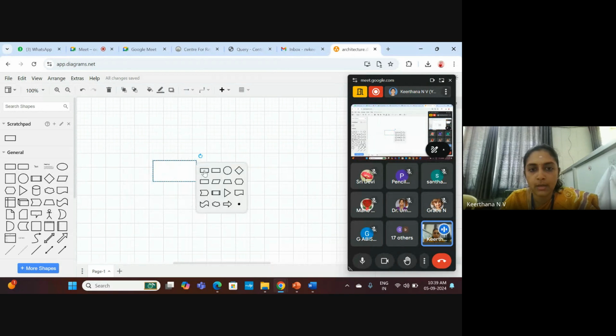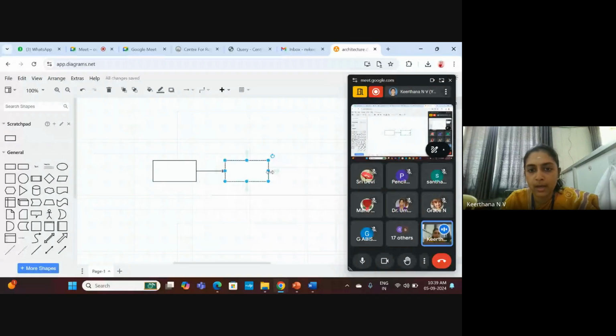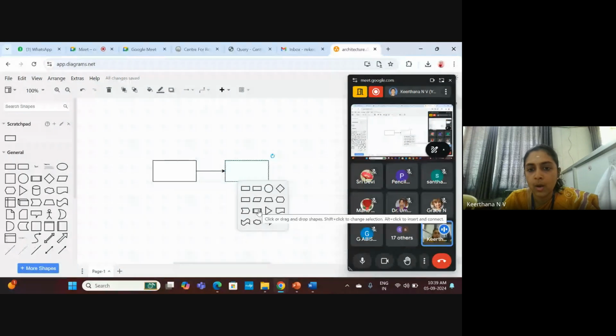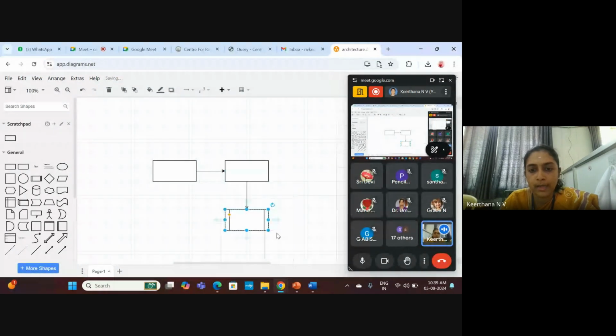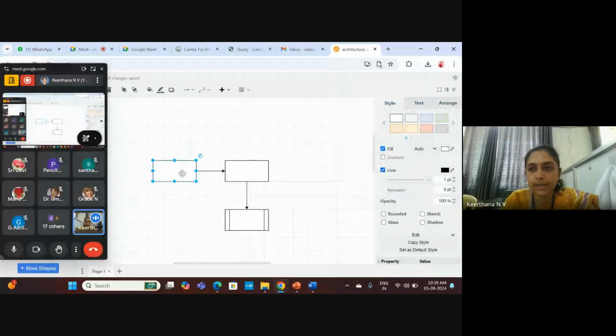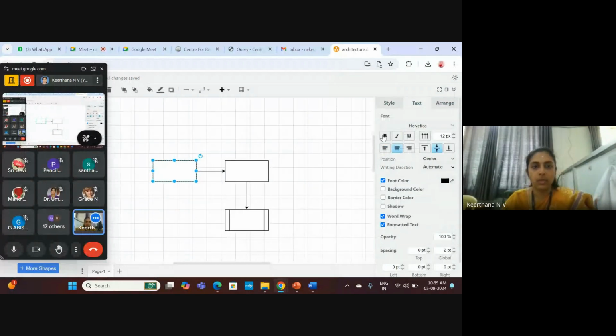And again here, if I want a circle or a database, you can click it here, and you can edit your image. If you want to insert a text, you just click here on text and include it. You can include text like that.